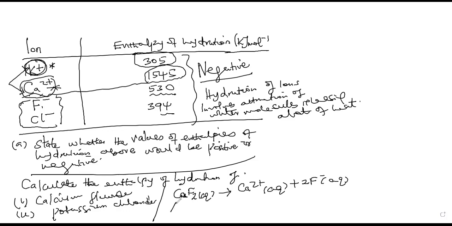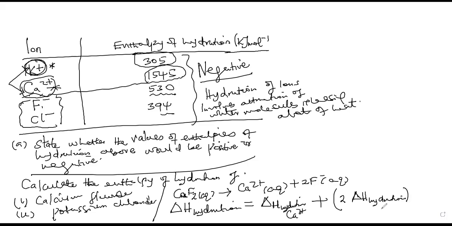Now, when you're looking for enthalpy of hydration, it is the summation of the independent enthalpies of these ions, because we are given individual enthalpies. So we add the enthalpy of hydration of calcium ion plus, since we have 2 fluoride ions, twice the enthalpy of hydration of the fluoride ion.